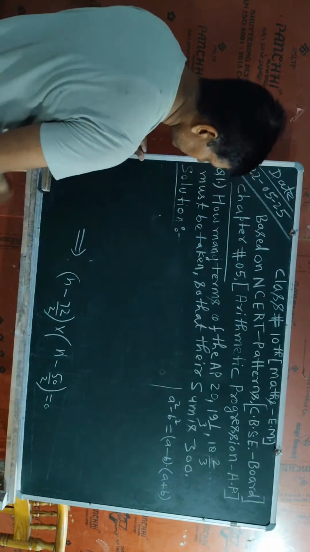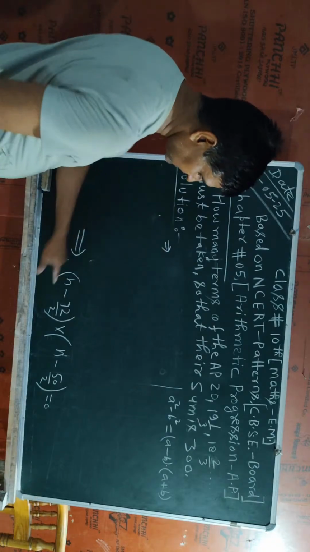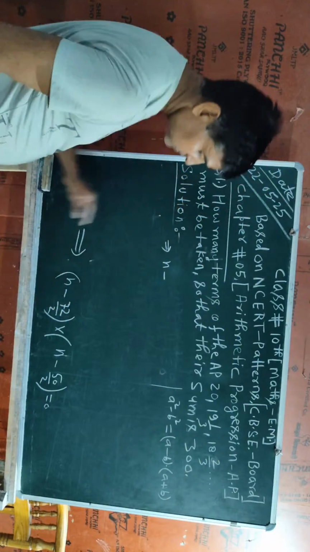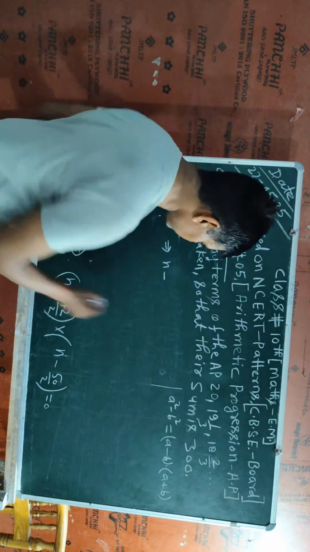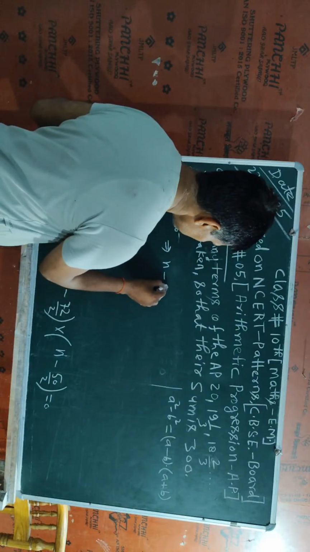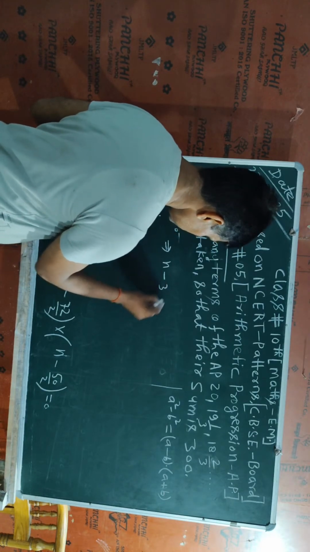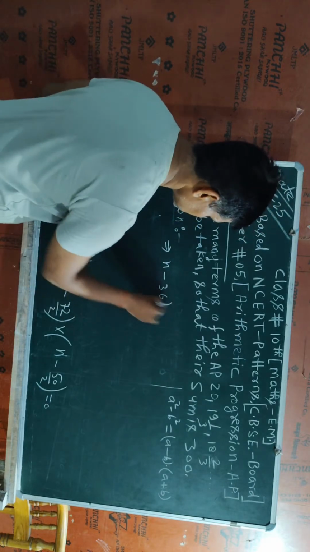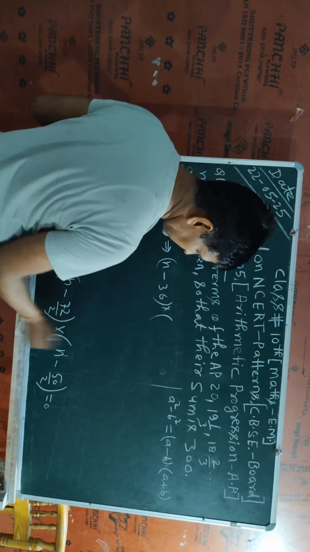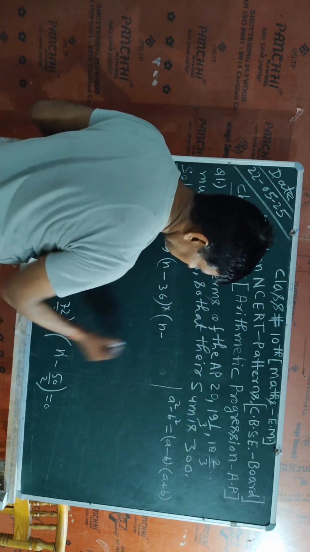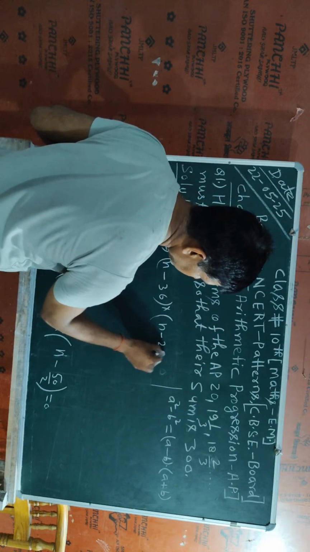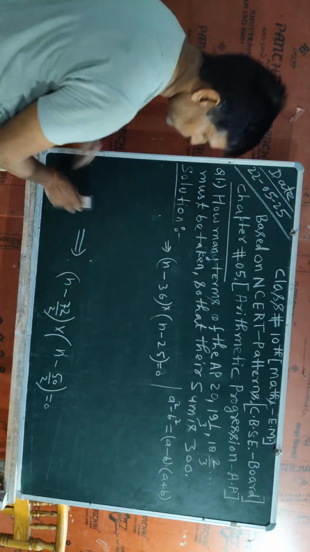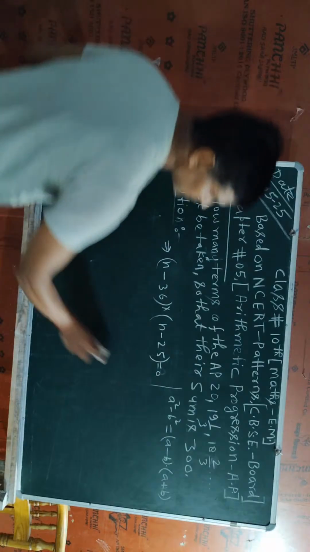So now further I am going to write, implies that in the left hand side, and here I have to put n minus, when 72 is divided by 2, so I will write here 2 3 is 6 and 2 6 is 12, and in the other bracket I will write n minus 2 2 is 4, 2 5 is 10. So this will be 0. This will be 0. So according to this way I have got its value.